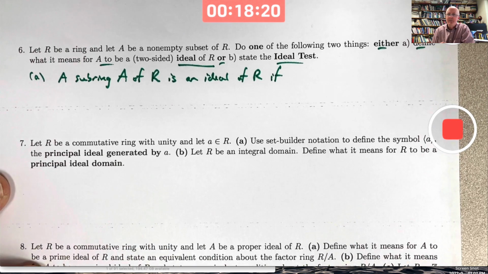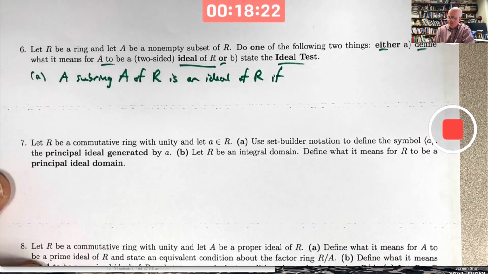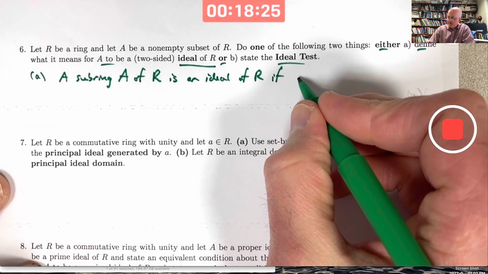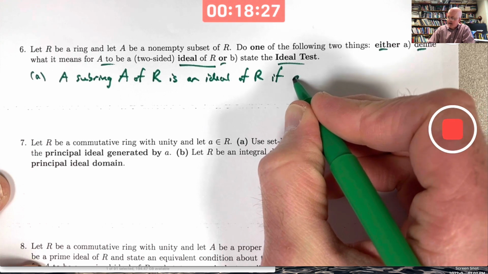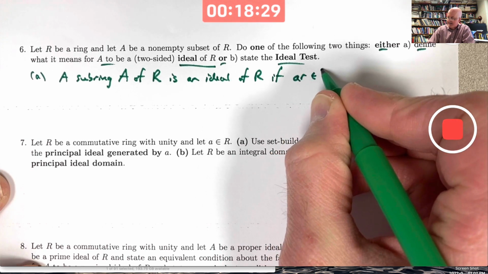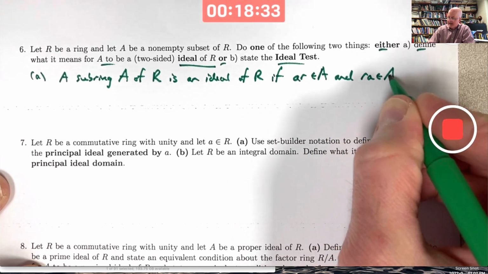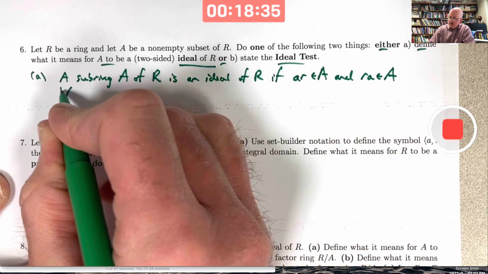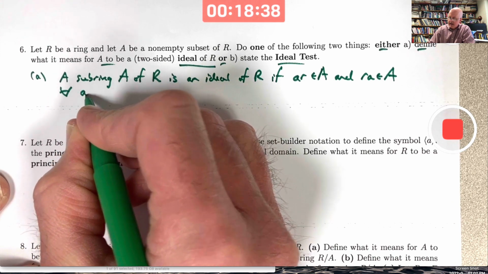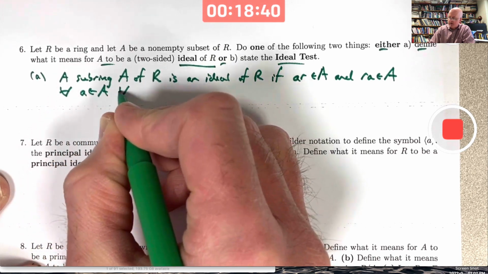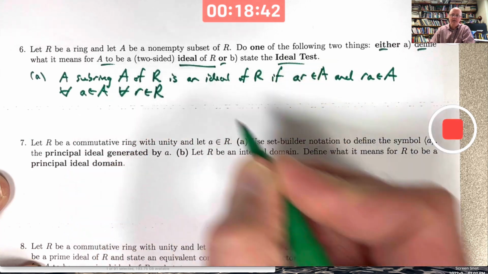I call it superclosure. Could write it like this. If ar is in A and ra is in A for all little a in capital A and for all little r in capital R.